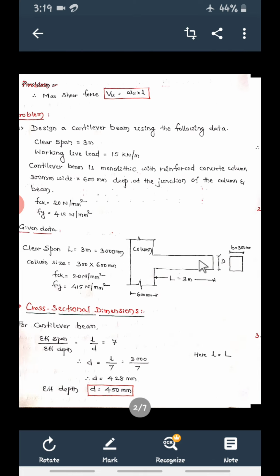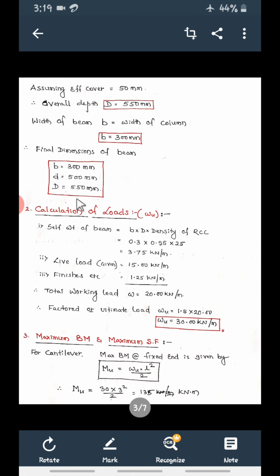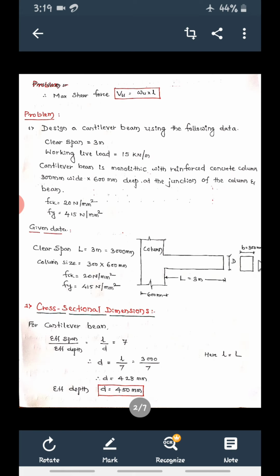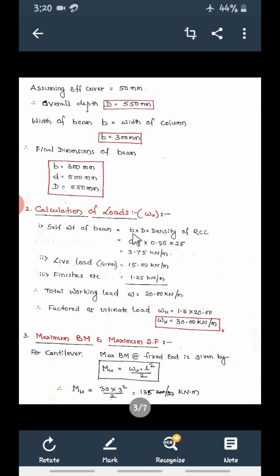The only change is this L by D ratio. For a cantilever beam you have to take 7. Then the second step will be, as usual, the calculation of the loads, that is the ultimate load WU. First, the self weight of the beam. What is the self weight of this beam? It is B, the width of the beam, into capital D, the depth of the beam, into the density of RCC.